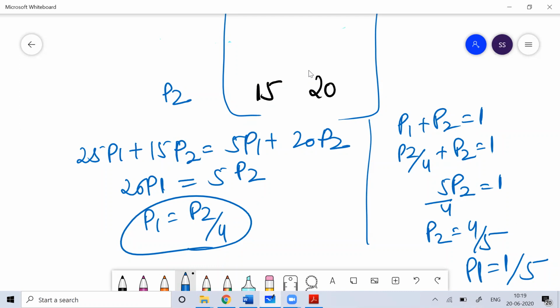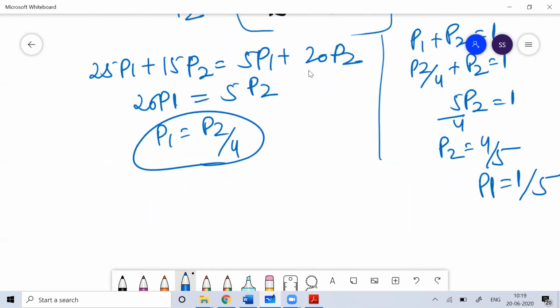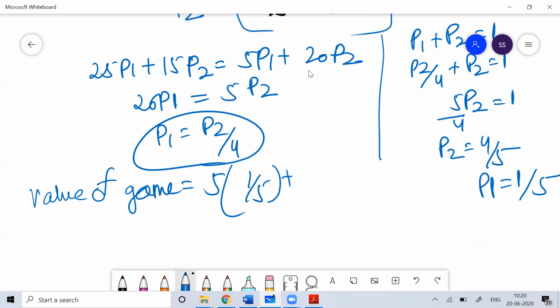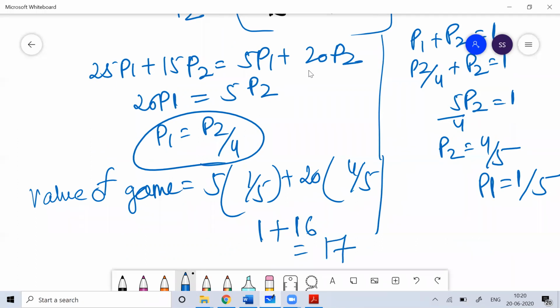So 5P1 plus 20P2 is the value of the game. This is 4, 4, 4, 16, plus 1, 17.